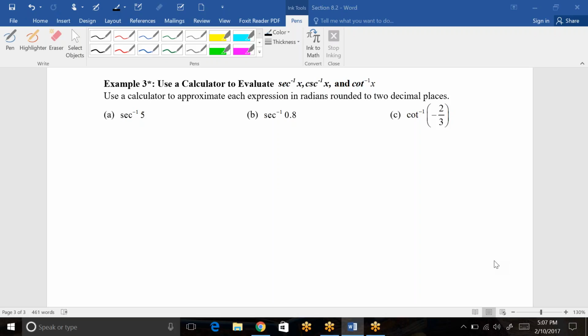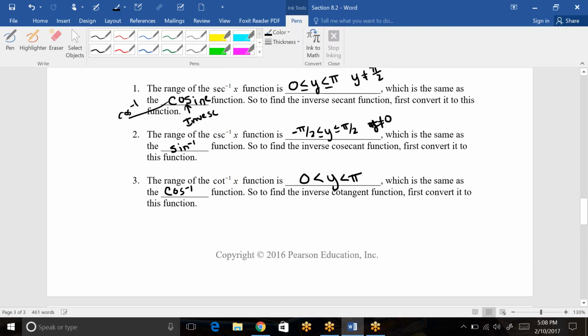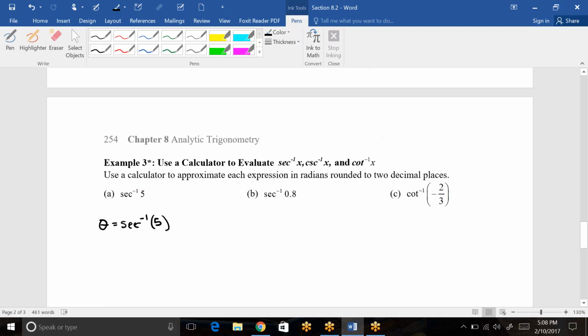Okay, so let's look at this secant inverse of 5. So theta equals secant inverse of 5. Let's look back up at our rules, remember, because that's always where you want to reference. Secant inverse, remember, was the same as cosine inverse in terms of our domain.